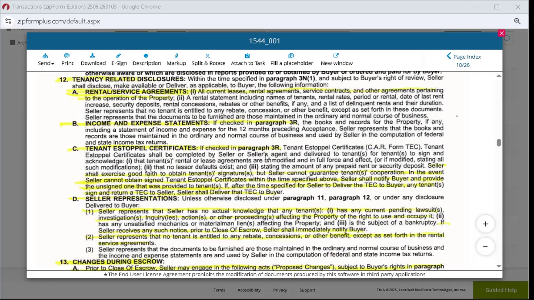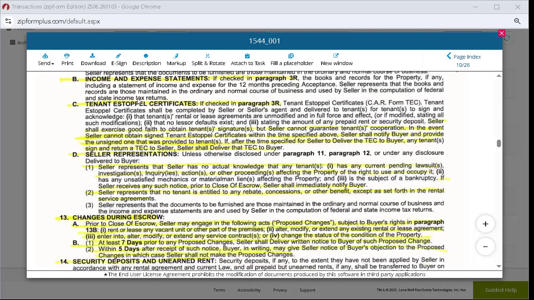So make sure you check the box to give them everything that they may need to make a sound decision. Tenant estoppel certificates, only if checked. You're going to get the leases per contract, but to get the estoppel certificates, you would have needed to check 3R, as I showed you up above. So make sure you check those boxes if there are tenants in place.